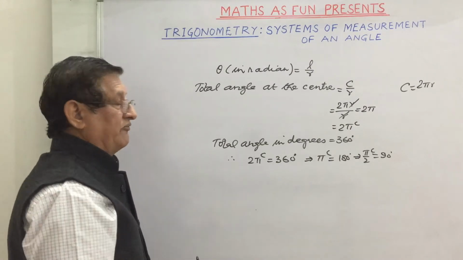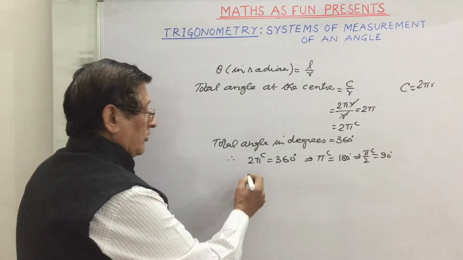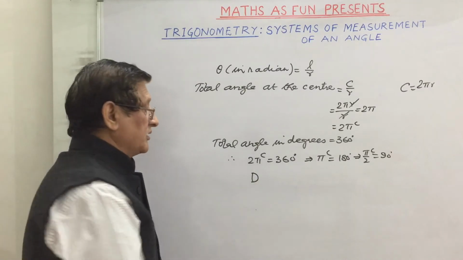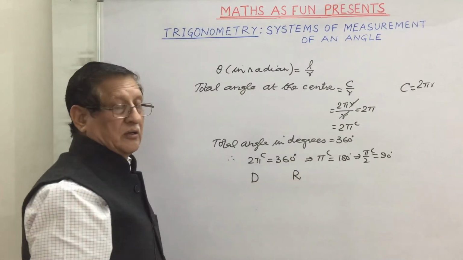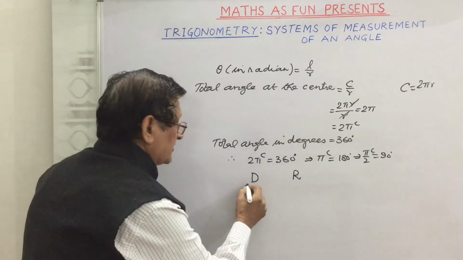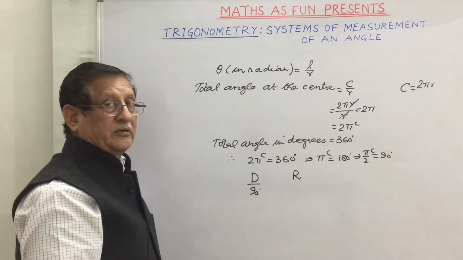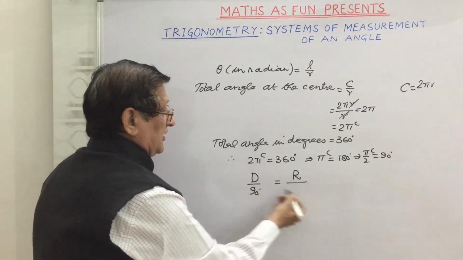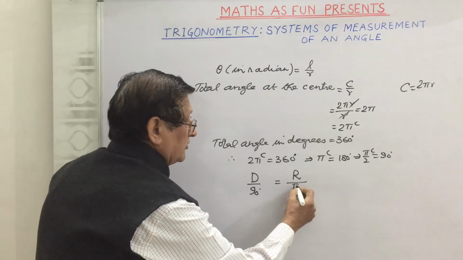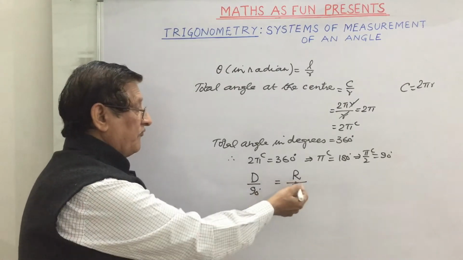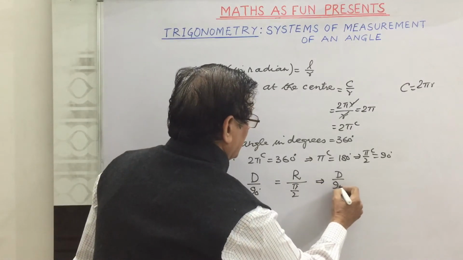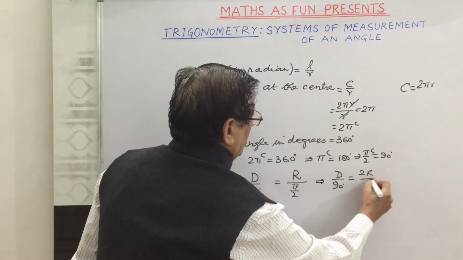Now suppose we have an angle measuring d in degrees, and another angle measuring r in radians. If we divide both by the equal amount of the angle, that is, a right angle, which is 90 degrees and pi by 2 radians, we can form the relation between d and r: d upon 90 equals 2r upon pi.